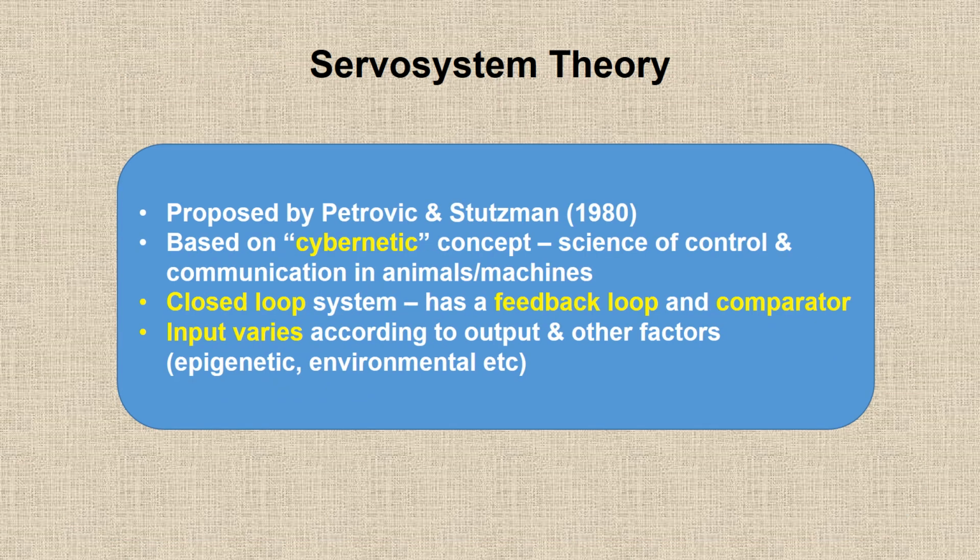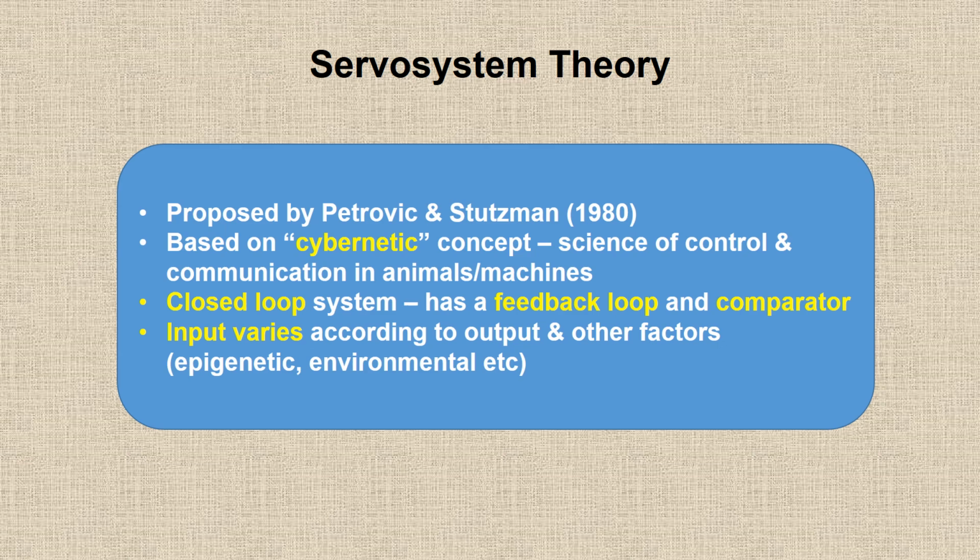Now, the servo system theory was proposed by Petrovic and Stutzmann in 1980. Now, it's based on the cybernetic concept. Cybernetics is the science of control and communication in animals or machines. Now, cybernetics involves a closed loop system whereby there is a feedback loop and a comparator.